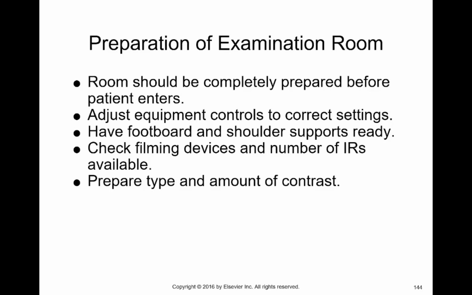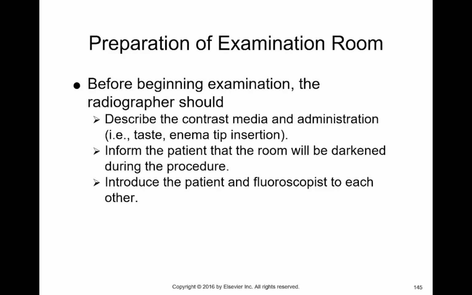Then preparation of the contrast, but if you're just doing small bowel follow through, chances are you're just going to be using thin barium, and you don't have to have the table upright. You're not going to be doing any drinking exams. You can have the patient sit up on the side of the table, drink the contrast, lay down, and then it's just a matter of taking the x-rays until it reaches the ileocecal valve.